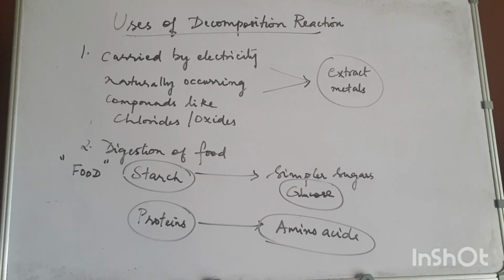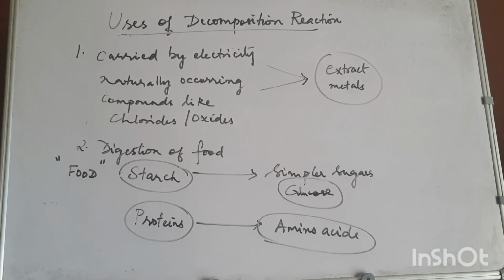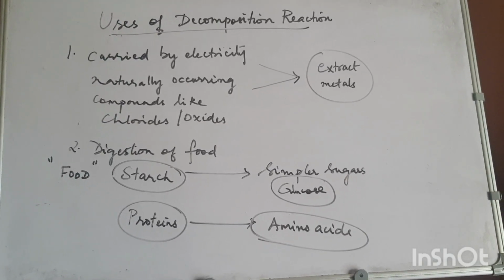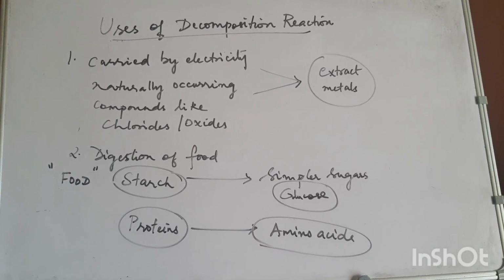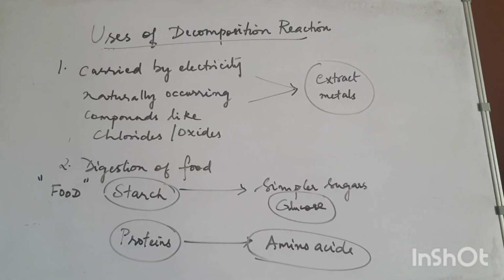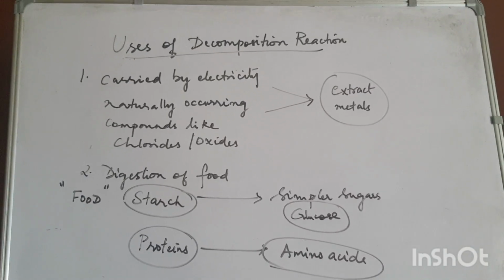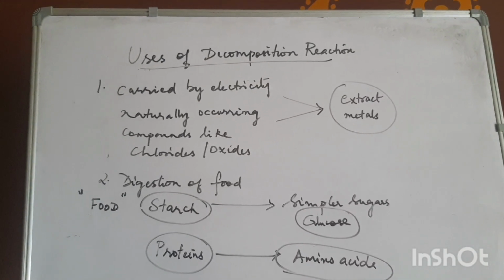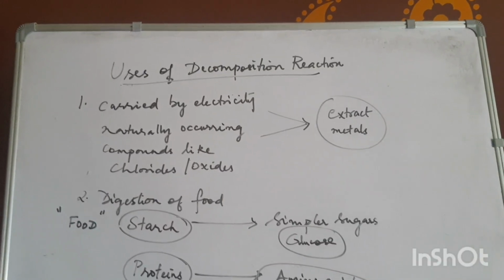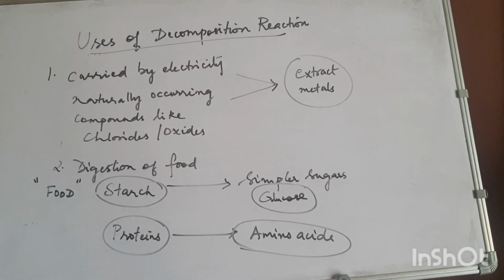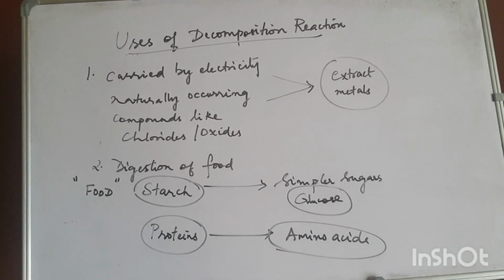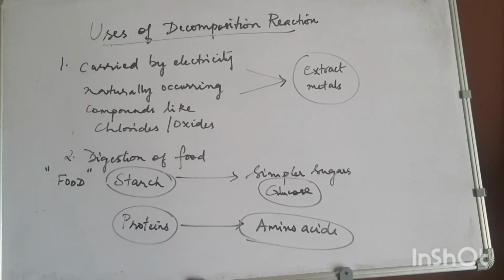So these are the things we have to learn from decomposition reaction. The first one was thermal decomposition, the second one was electrolysis, and the third one was photolysis, that is, if it is in the presence of light, it undergoes decomposition reaction. And last, the uses of decomposition reaction.